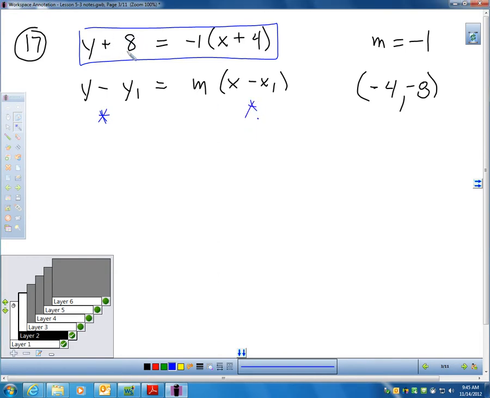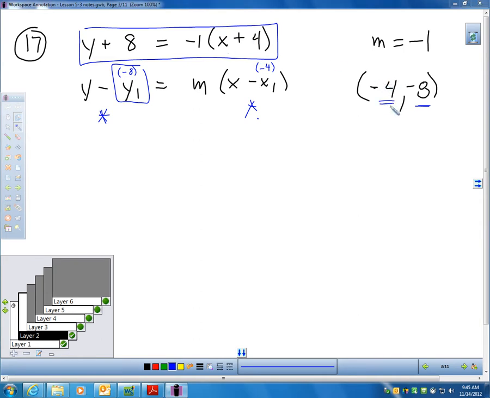So if this is a y plus 8, does it make sense that we had to have a negative 8 here because y minus negative 8 is what gets me y plus 8? So my y value is a negative 8. And if I have a plus 4 here, that means x sub 1 originally had to be a negative 4 because x minus negative 4 is x plus 4.